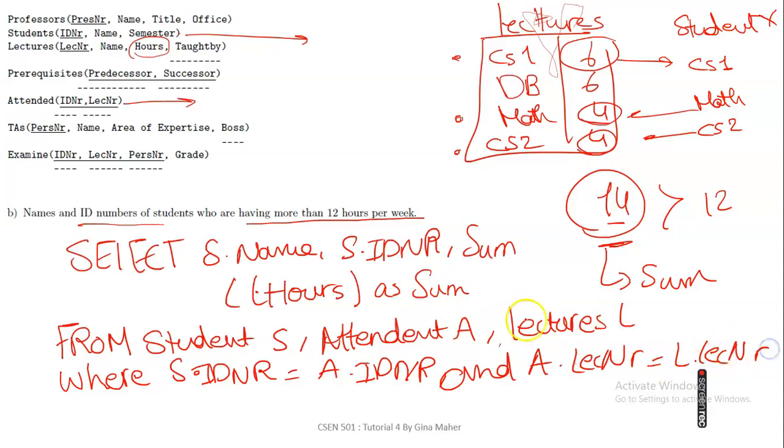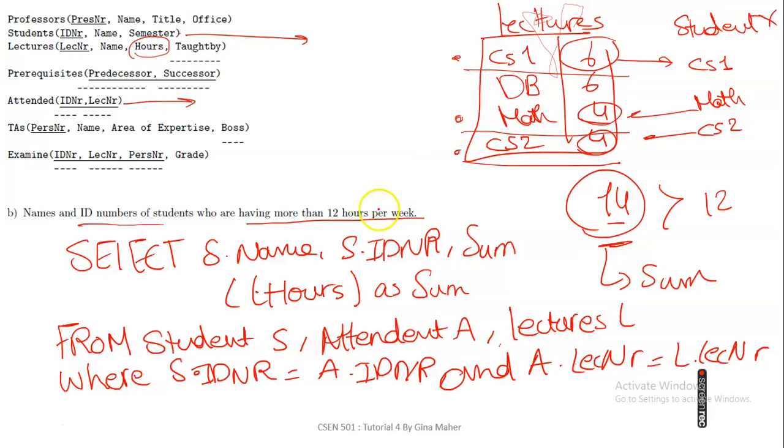Are we done yet? No, because we want to check that the summation of the hours taken by this student is greater than 12. Okay, so what can we do in order to get the courses that are enrolled by this student?